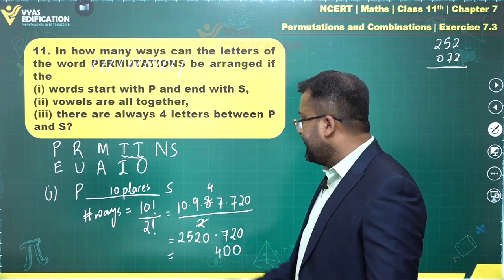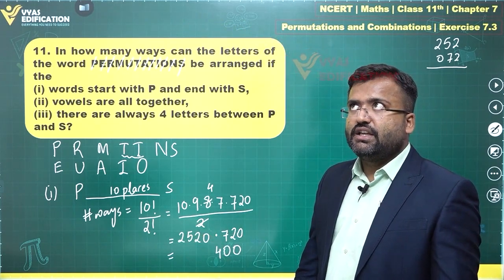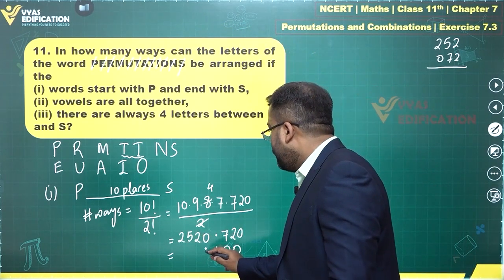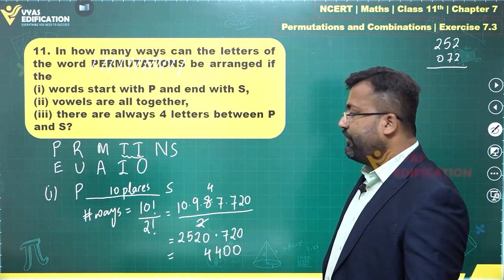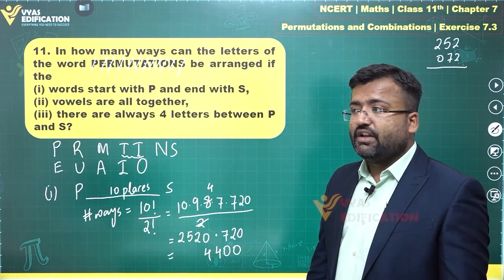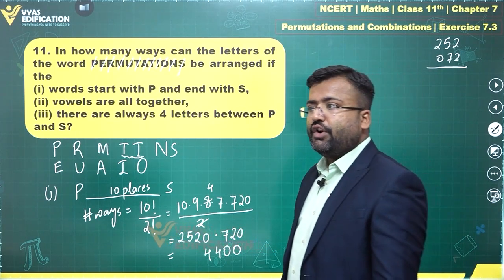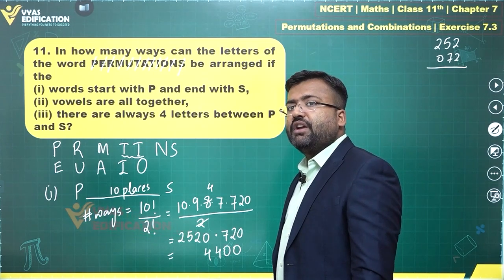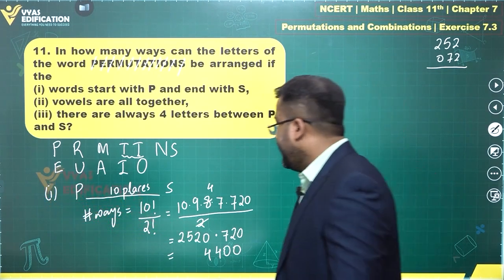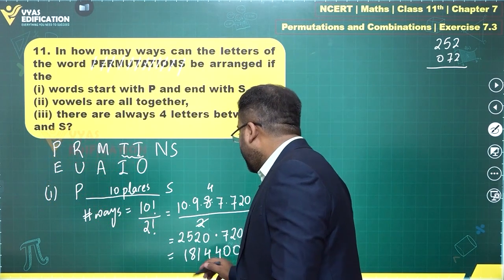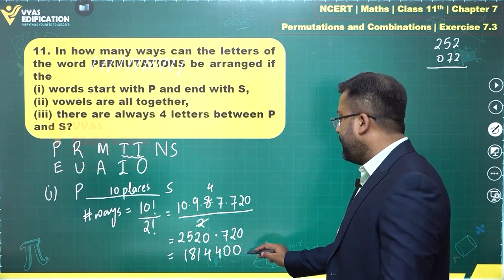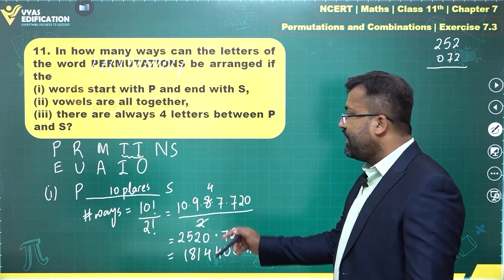Then you get 360 and 14 is 374. 4 and 37 gets carried forward. 144 and 37, so 44 and 37 will become 81. 181 is what I'll be getting. 1814400 is the final answer for this part.